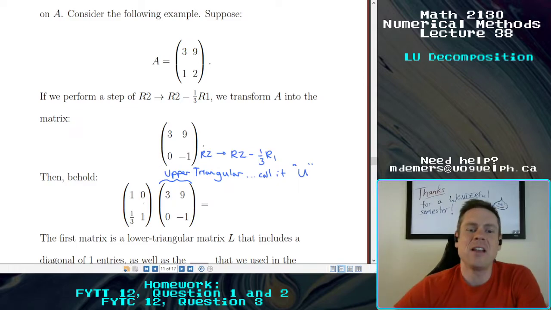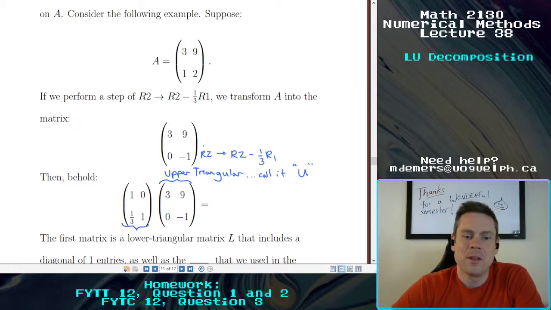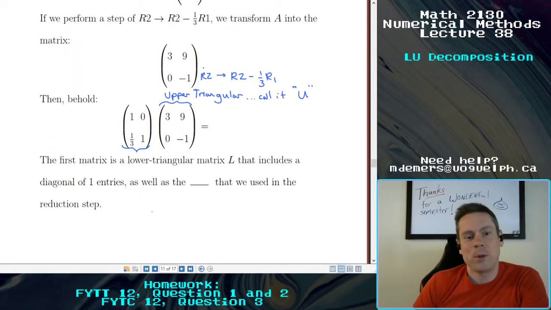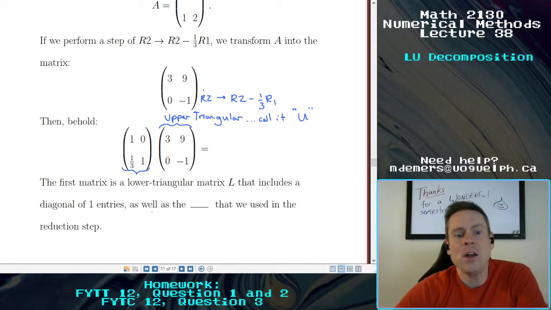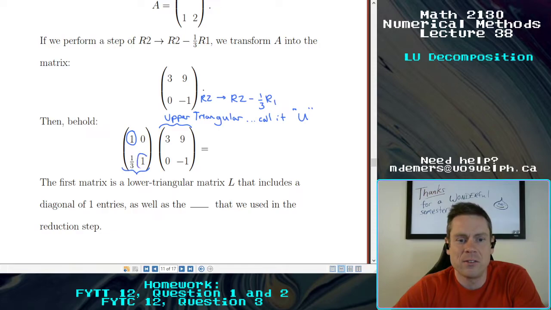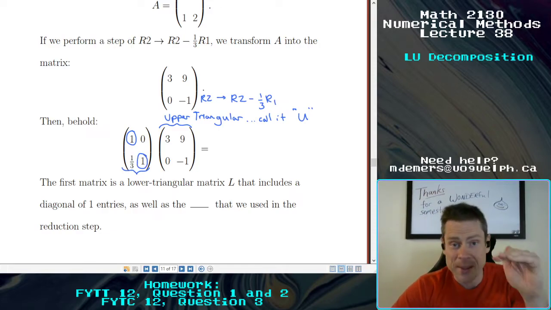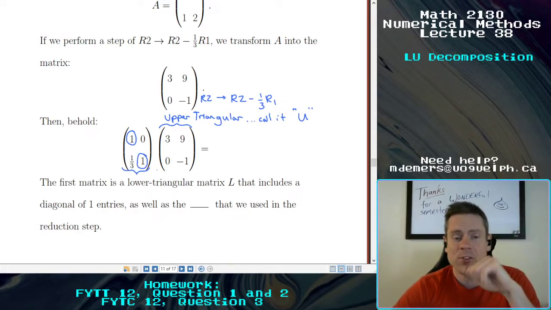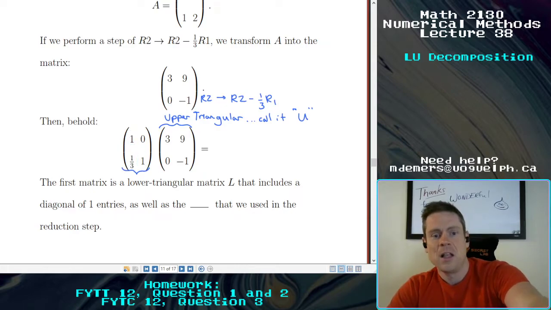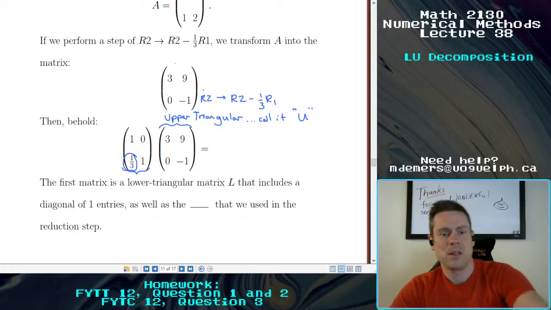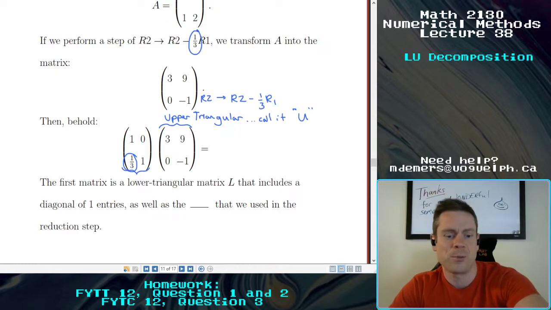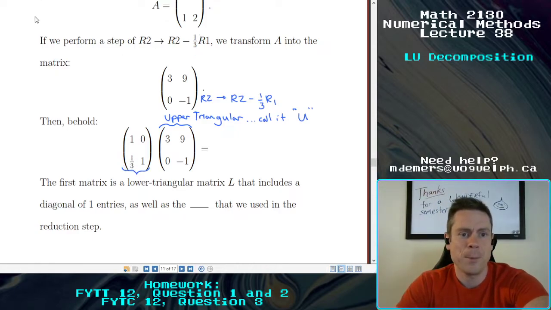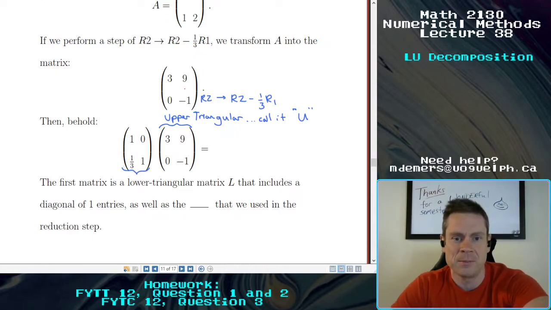And this here is another matrix. And I want to explain what it is. You notice that we have this diagonal of 1s that appear here. This and this. That's always going to be there for the matrices that we construct. This 1/3 comes from this 1/3 right there. So I'm going to put a little box around this 1/3.